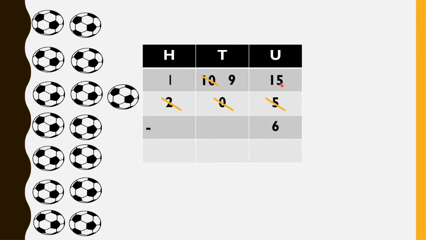So it will become 15 units. So 15 minus 6. So let's count here. How many are remaining? 1, 2, 3, 4, 5, 6. So 1, 2, 3, 4, 5, 6, 7, 8 and 9. So 15 minus 6, the answer is 9.